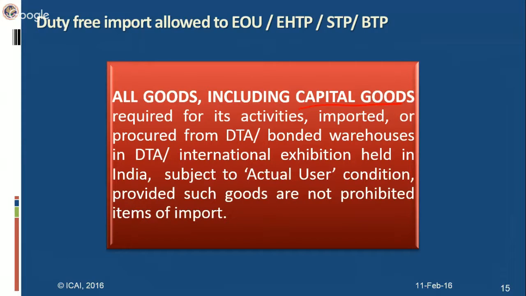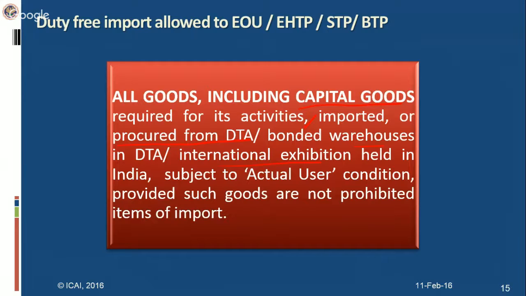These goods can either be imported from outside India, or it can procure from DTA, that is, from within India, from bonded warehouses in DTA or international exhibitions held in India.